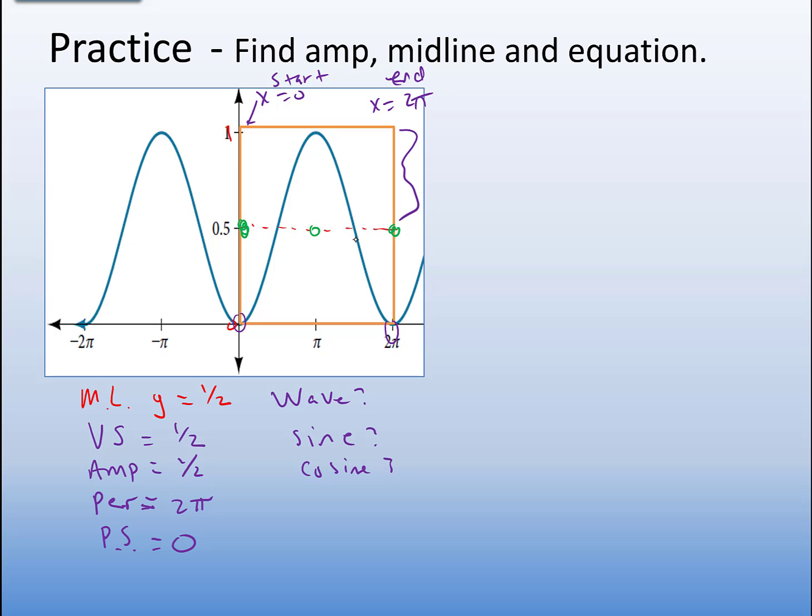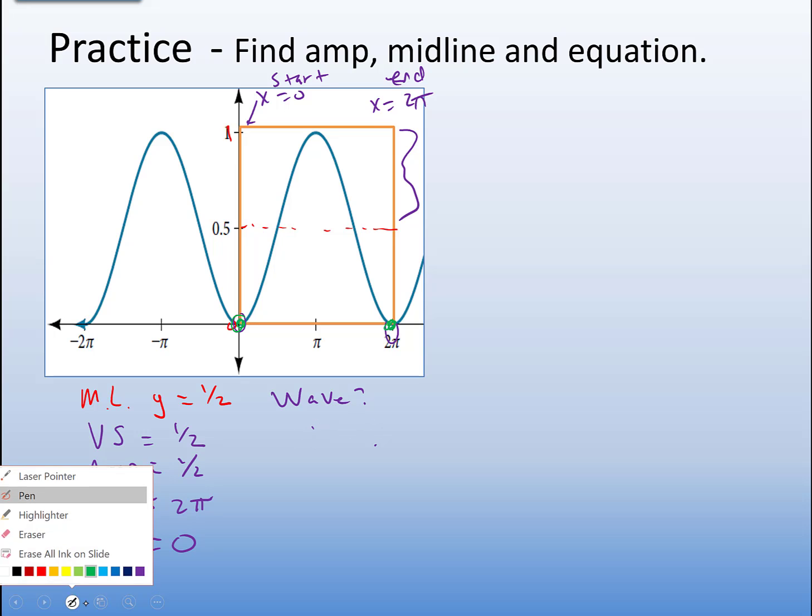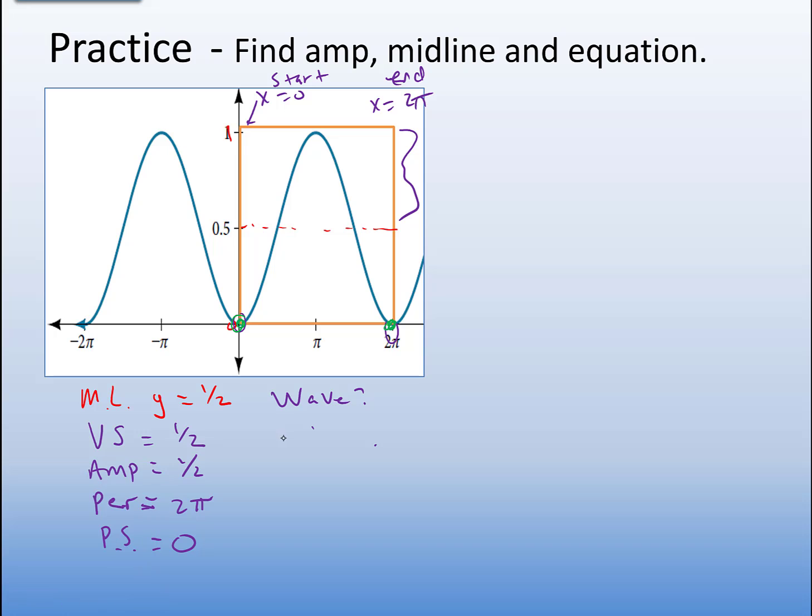And this wave is not doing that. This is starting at the bottom, ending at the bottom. Now a cosine normally starts on the top. And that actually is what we're dealing with here, except the cosine has been reflected. So we'll have to remember that later on when we start to create our equation.